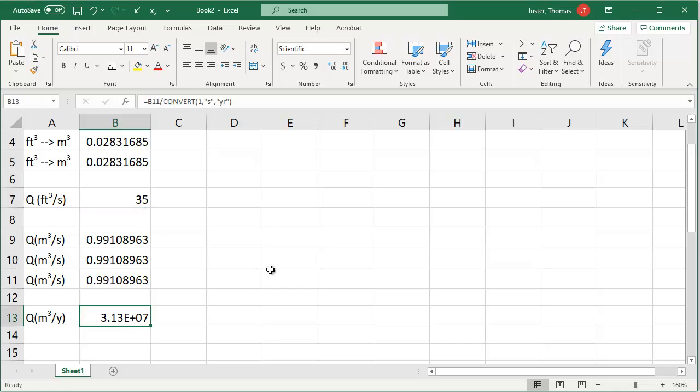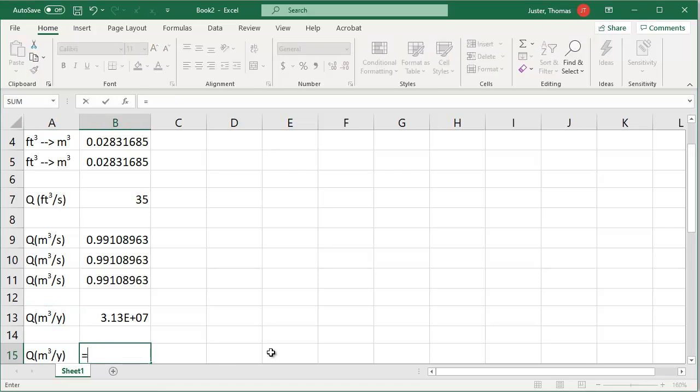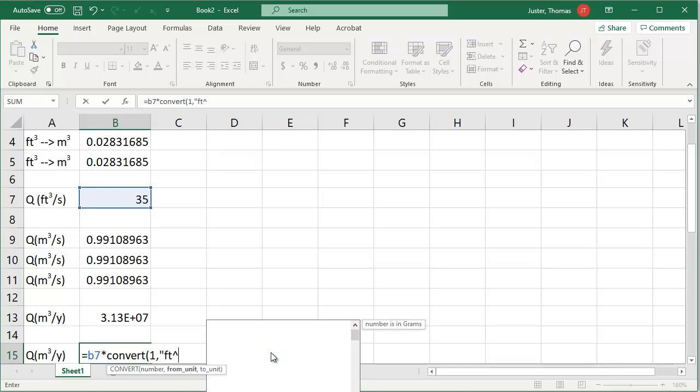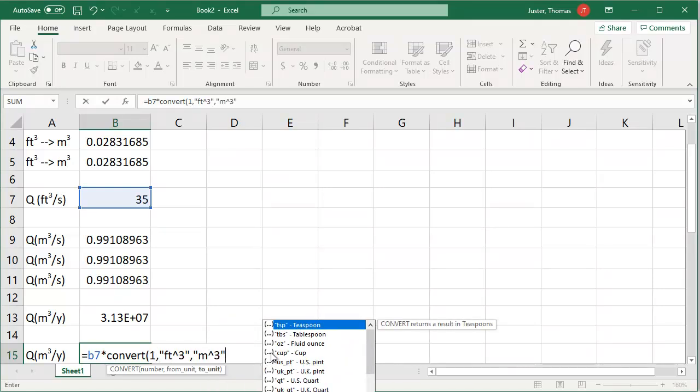Now, I want to make one more observation, that a clever student would recognize that I can actually do all this in one step. If I want, I could do Q, just write that again here. I could do this directly by saying, take my number B7, that's cubic feet per second. First, multiply the conversion factor of the numerator, which is converting feet cubed to meters cubed, right?